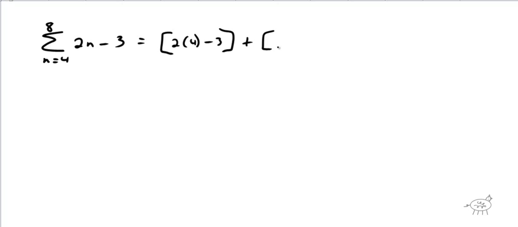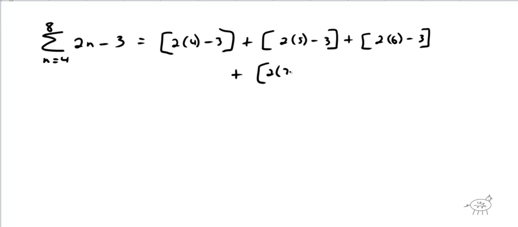Plus, now I'm going to put a 5 in there. So 2 times 5 minus 3. Plus 2 times 6 minus 3. Plus 2 times 7 minus 3. Plus 2 times 8 minus 3. Okay? So that's putting all the terms in there.